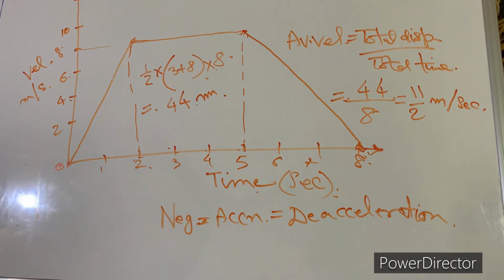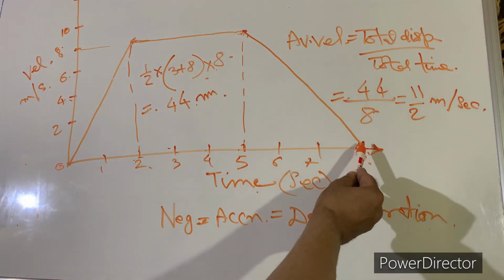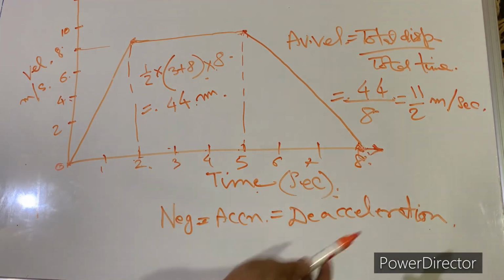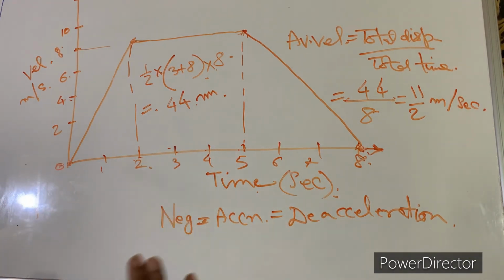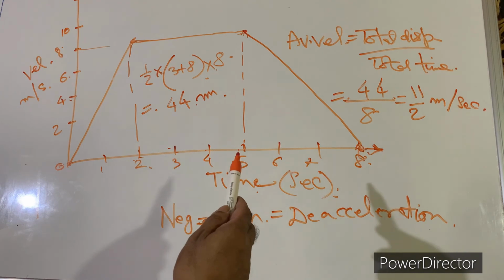Hence, what did we do here? In this velocity versus time graph, we used the graph to find out the average velocity of a body traveling from this point to this point in a time interval of 8 seconds with a varying velocity. The body did not have a constant velocity during the entire time.